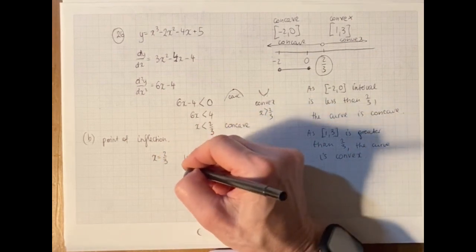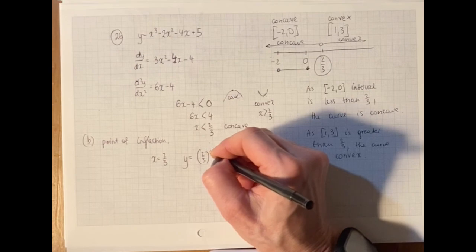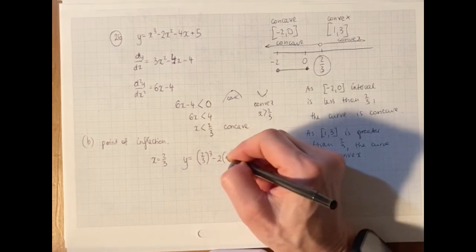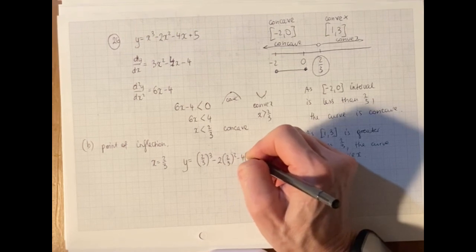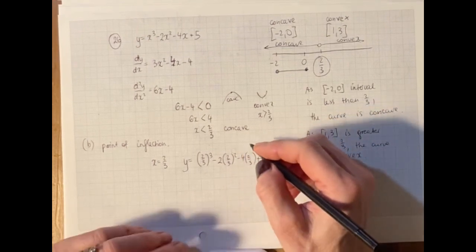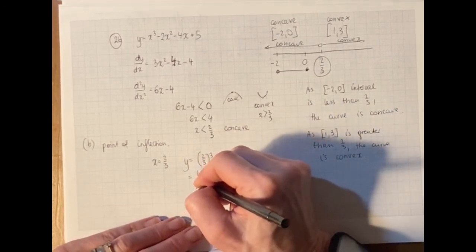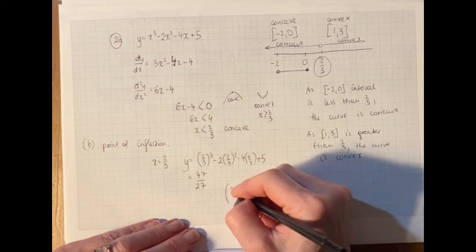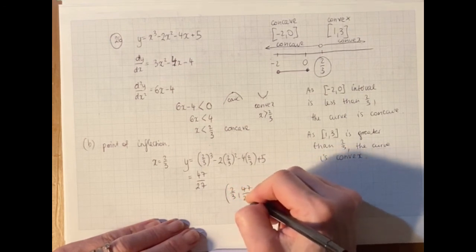So we just need to find the corresponding y coordinate. So sub 2/3 into the y expression, and you will obtain the value of 47/27. So the coordinates of the point are 2/3, 47/27.